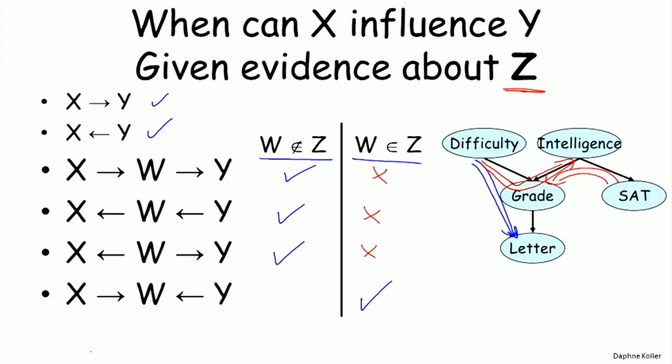Now we have one tricky thing left, which is what happens if W is not in Z. Now the naive conclusion might be to say, well, if W is not observed, then it's exactly the same as before, and influence can't flow, so I'm tempted to put an X right over here.